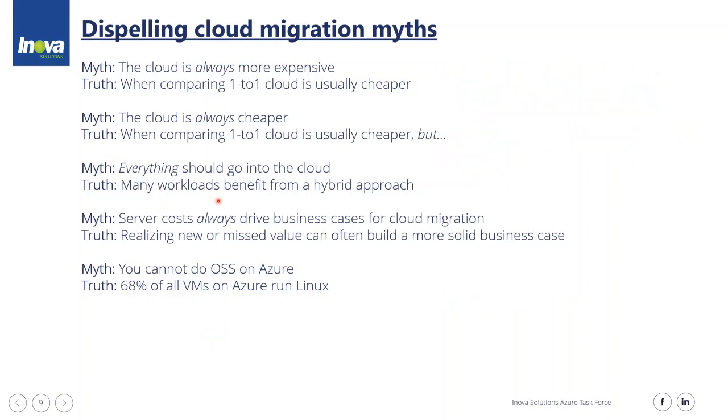So let's start with that first myth there, that the cloud is always more expensive. Honestly, if we compare one-to-one what we would have to deploy on premise to mirror what the cloud offers, to mirror having triple redundancy in power supplies for each of my servers, to mirror having triple redundancy for each of my VM instances, to mirror having geographic redundancy across several different data centers, to mirror having the aggressive refresh cycles that cloud data centers have, it's really not possible for most of our organizations to achieve the cost savings and the hyperscale that public cloud providers can achieve.